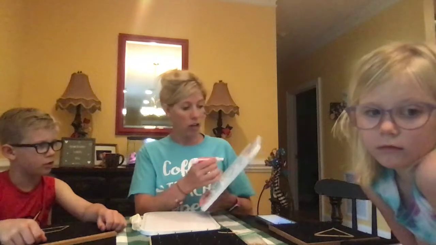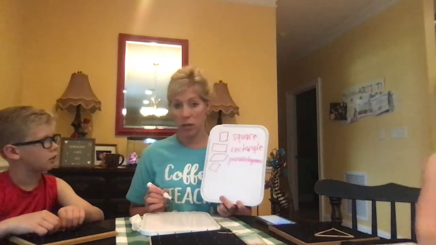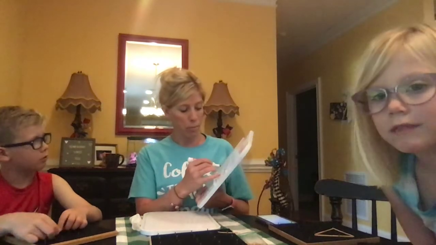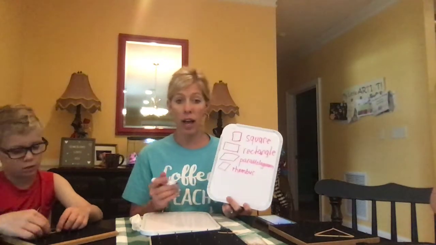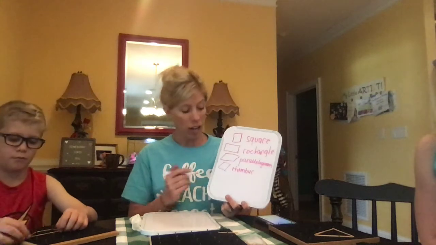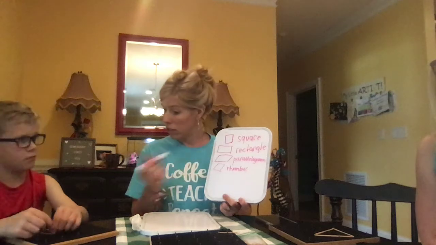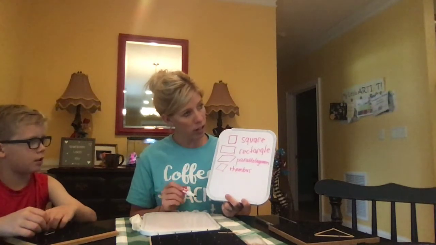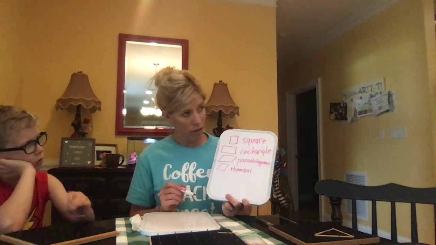Also, my little sideways friend right here that kind of looks like a square. But what's it called? Rhombus. Now a rhombus also has 2 pairs of parallel sides, but how's it different from a square? Because it's leaning over and that one's straight.